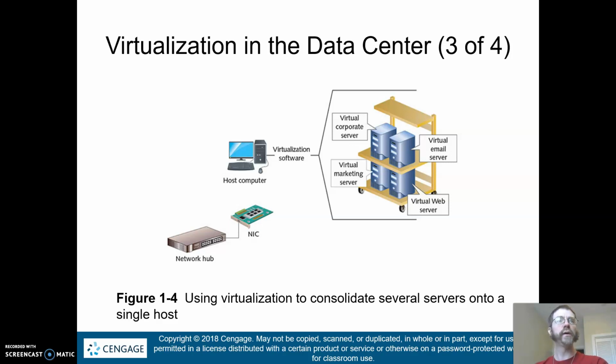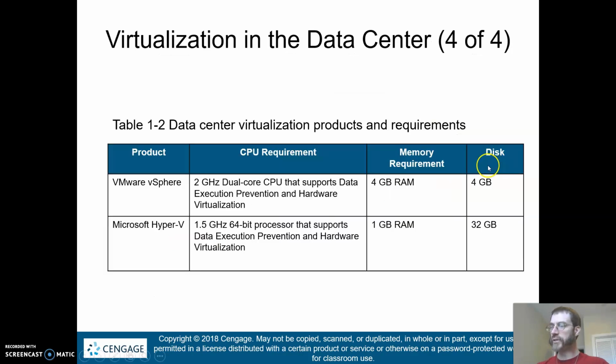Now let's talk about the requirements. Now the first thing I'm going to say here is these requirements are wildly unrealistic, particularly in terms of your RAM and your disk.